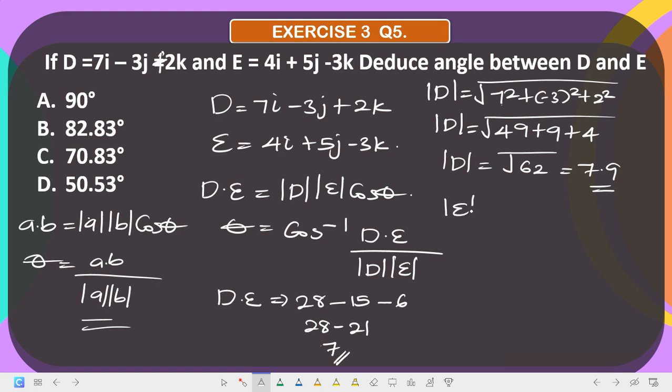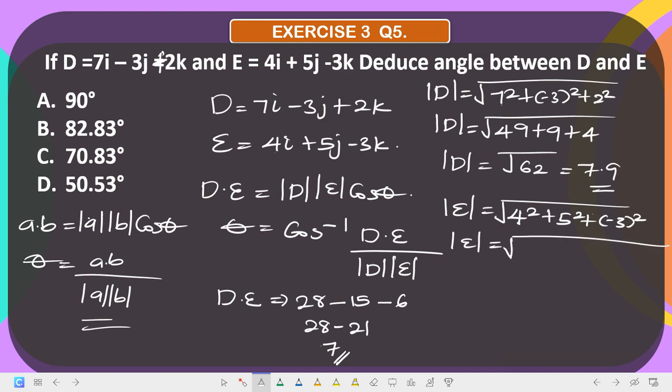Now how about the magnitude of E? You square each of the components and then sum them together. So this gives us 4 squared plus 5 squared plus bracket minus 3 squared. And then the magnitude of E is equal to the square root of 4 squared is 16, 5 squared is 25, 3 squared is 9, so 16 plus 25 plus 9.